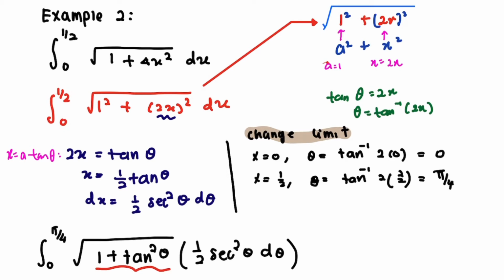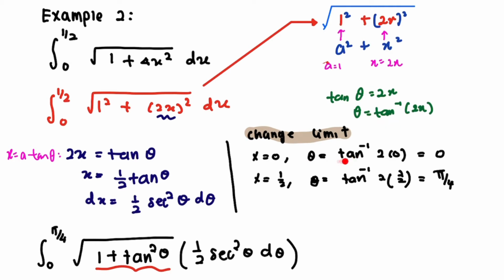However, let's adjust our equation a little bit. We have tangent theta is equal to 2x just now. So your theta should be inverse tangent of 2x. This is needed in order to change the limit. Originally your x is equal to 0. So when x is equal to 0, what is your theta? Just substitute this here.